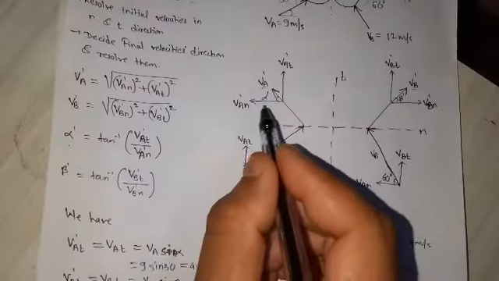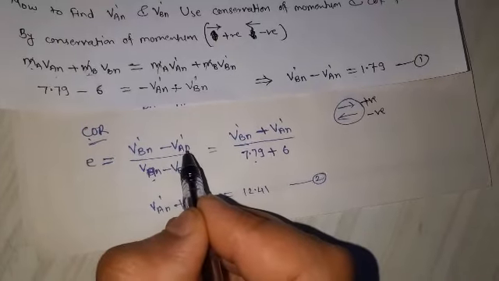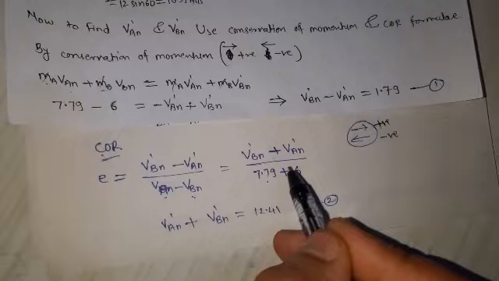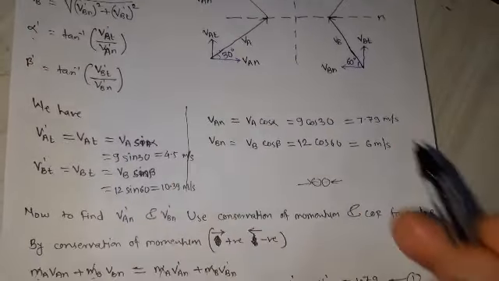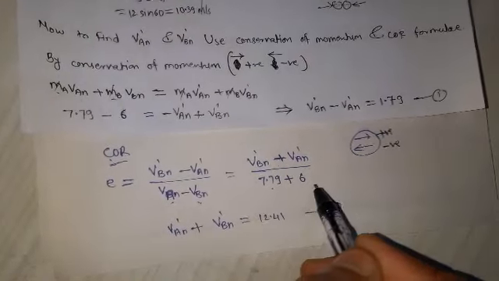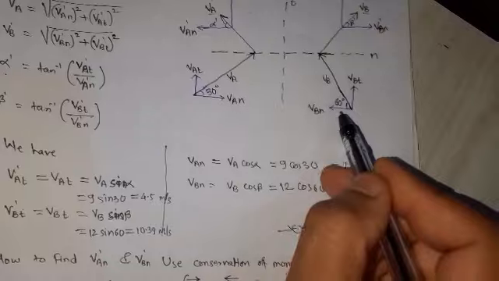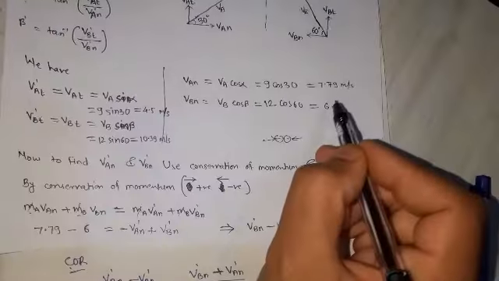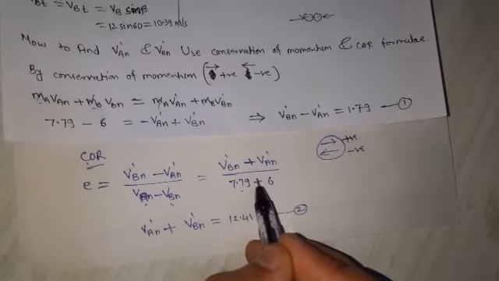The final velocity of ball A is going towards left, so we put minus van dash, minus minus becomes plus here, upon the initial velocity of ball A, which is towards right, 7.79, and the initial velocity of ball B is towards left, so I put minus 6 here, minus minus becomes plus.